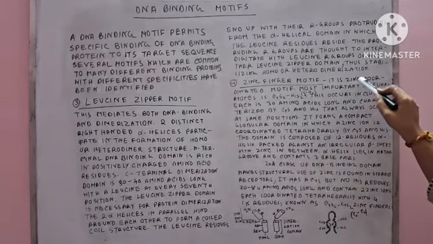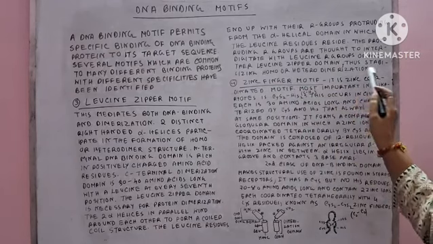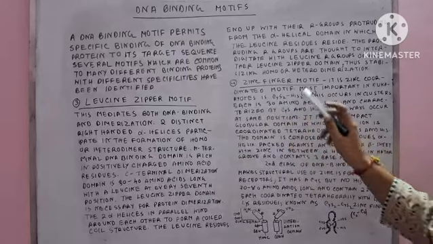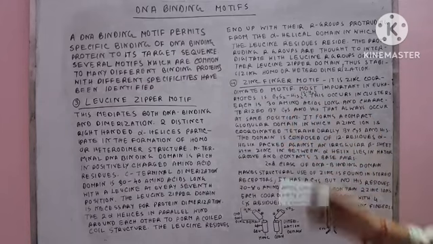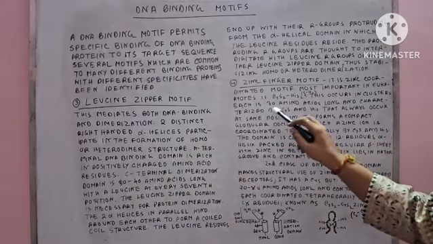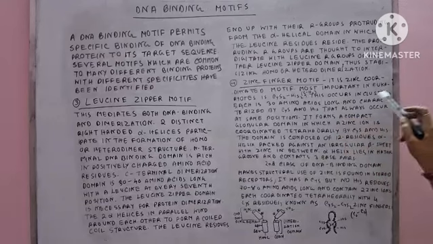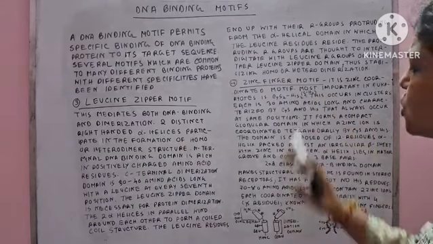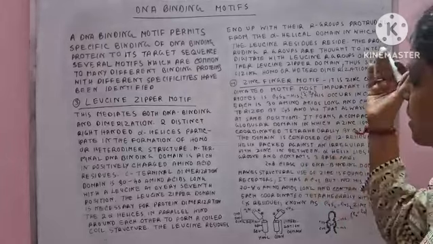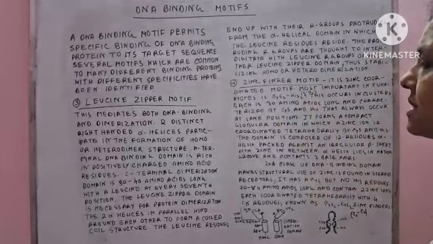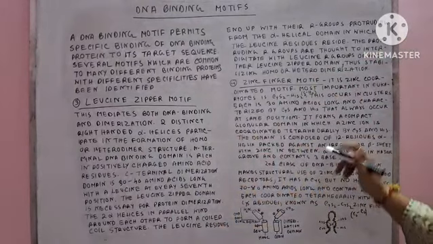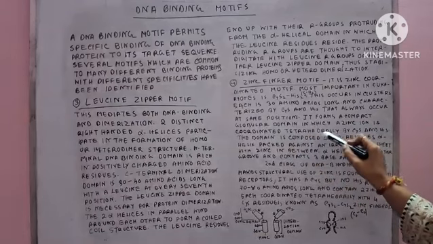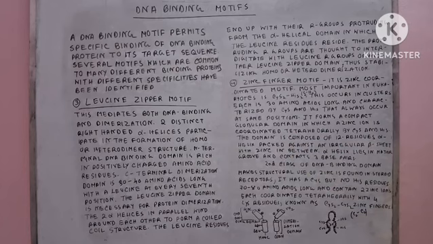Clear? Now, zinc is very important because it is a zinc coordinated motif. This occurs in clusters, and each is 30 amino acids, characterized by Cys and His that always occur at the same position. It forms a compact globular domain in which a zinc ion is coordinated tetrahedrally by Cys and His.